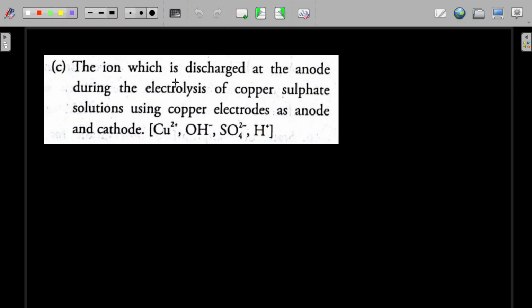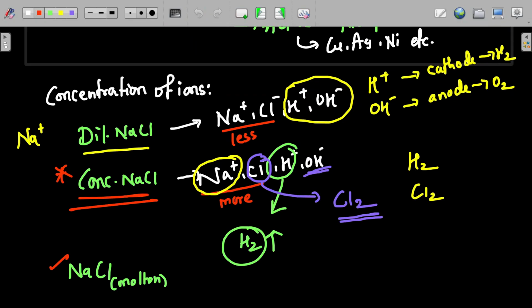The ion which is discharged at the anode during the electrolysis of copper sulfate solution using copper electrodes as anode and cathode. Tanisha, would you like to try? But preferentially, which one out of these two? For that, you should refer to the list.